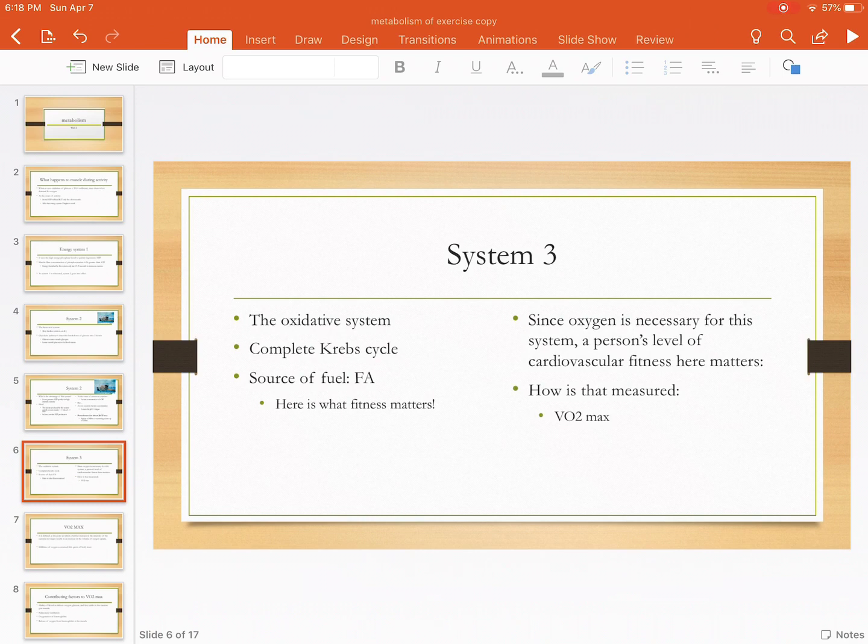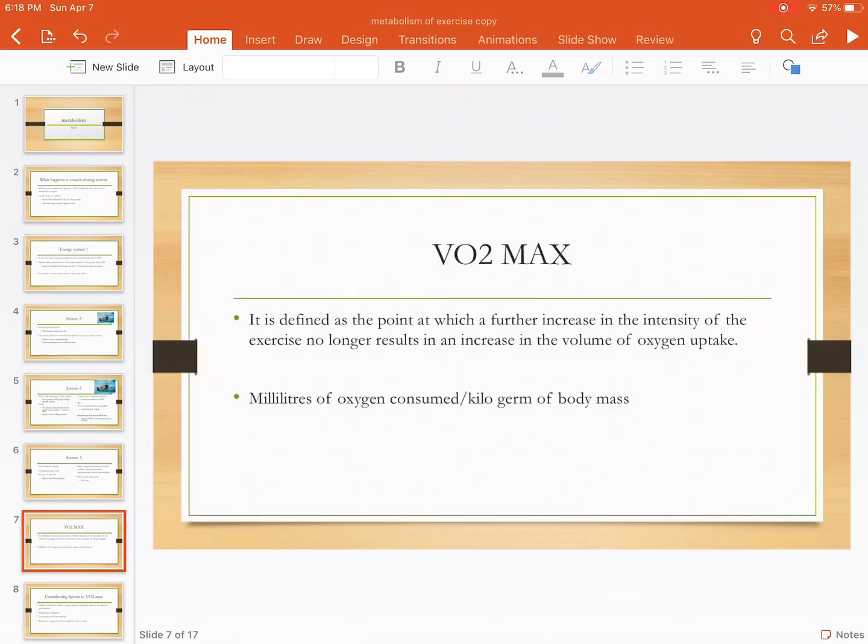So how do we measure that? How do we know if somebody is actually fit in terms of oxygenation, really? We call that a VO2 max value, that I'm sure loads of you have heard of. So VO2 max is defined as a point at which a further increase in the intensity of the exercise no longer results in an increase in the volume of oxygen uptake.